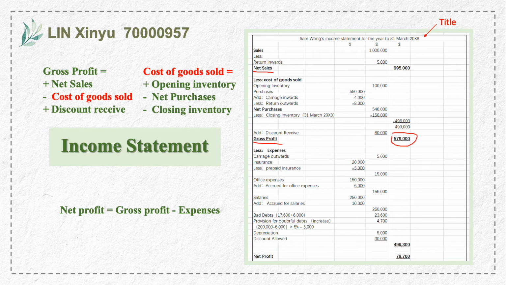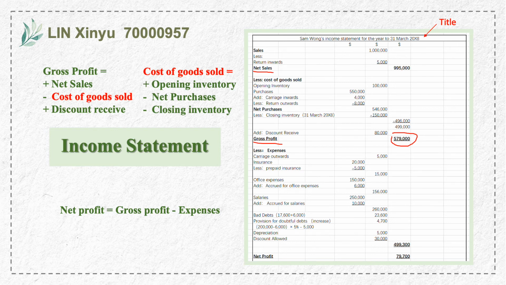$579,000. And we should minus the expenses. Carriage outwards is included in expenses. And insurance, don't forget to minus prepaid insurance, because prepaid means next year's expenditure for insurance, not this year.